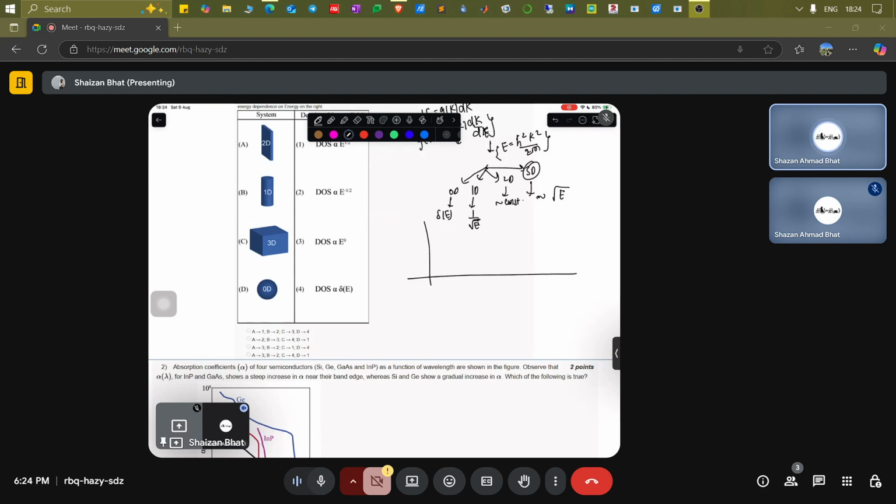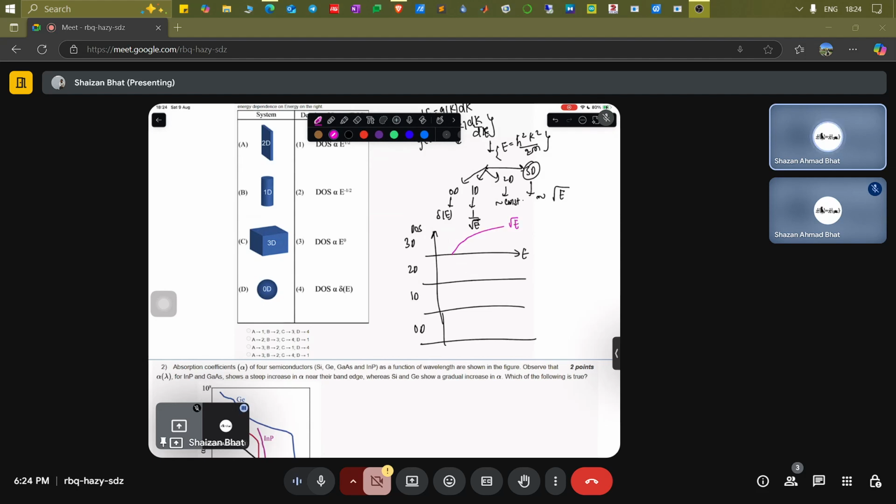So let me draw the density of states for the different cases. Let's say we have density of states on this axis and this is the energy axis. This is 3D, this is 2D, this is 1D, this is 0D. For the 3D system, it would look something like this, which is a square root of E function.